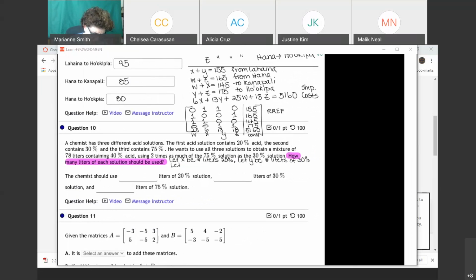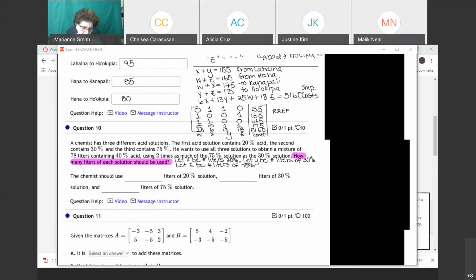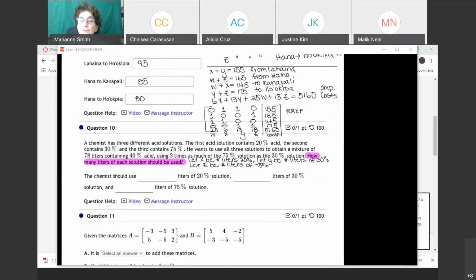And let Z be the number of liters of the 75%. So I have 3 different concentrations, and those are what my variables are going to be.